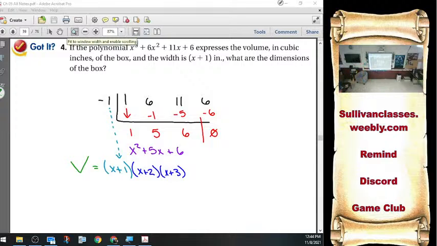Divide, get quadratic, factor quadratic. Kids will screw up factoring something with a 6 and a constant all the time.